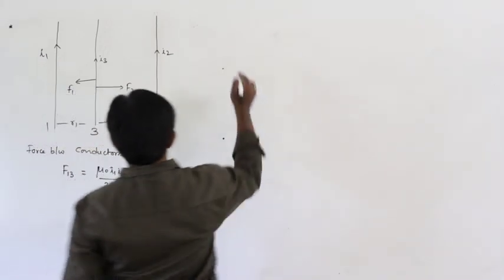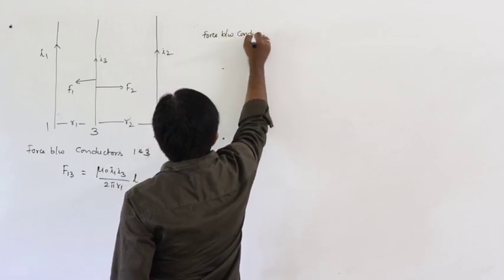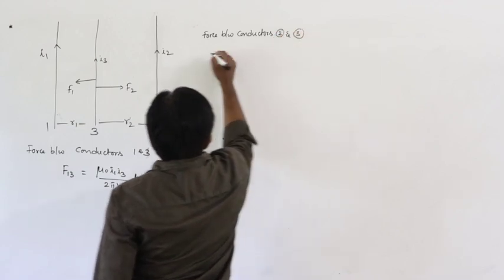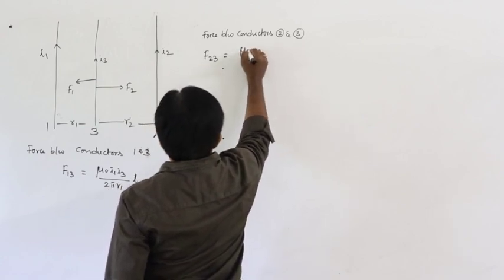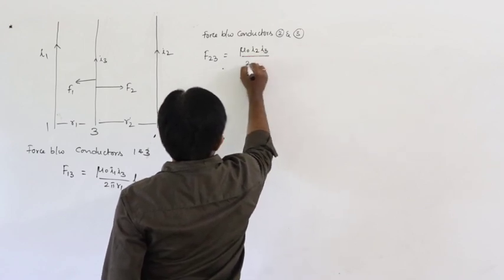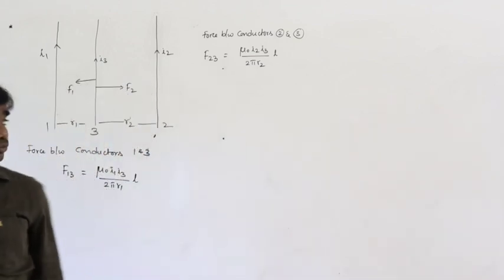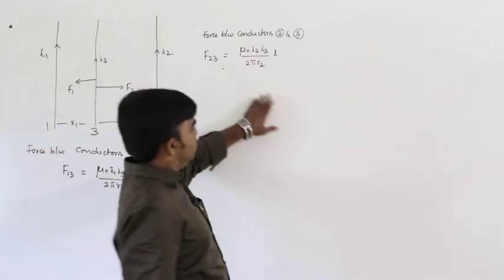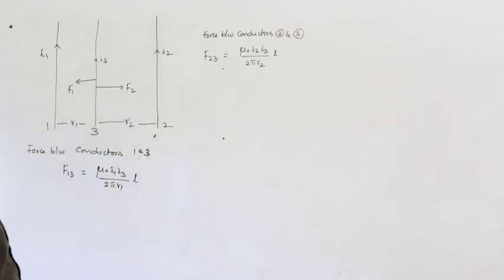Next, force between conductors 2 and 3. That is F23 is equal to mu naught I2 I3 divided by 2 pi R2, into L. So this is the situation.